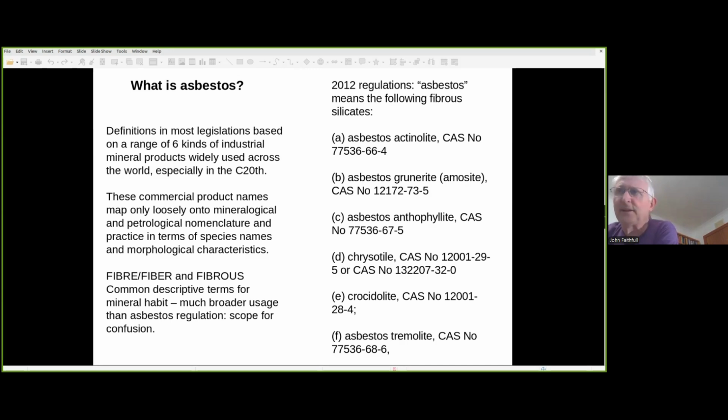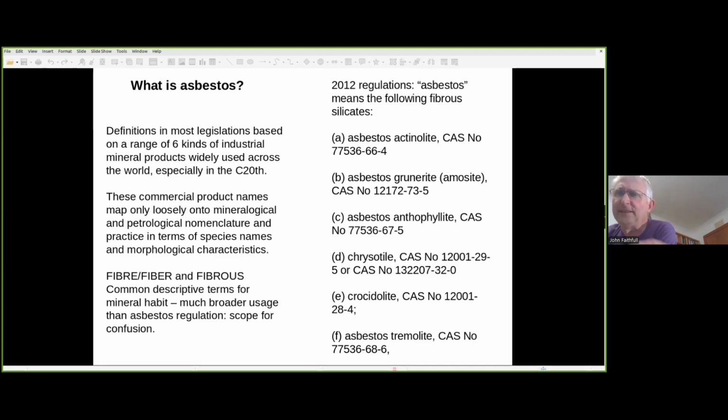But the main hazard comes where you have loosely consolidated zeolitized tuffs and ignimbrites containing large quantities of ultra-fine grained fibrous zeolite erionite. And in Turkey in particular, in Cappadocia, windborne exposure to these materials is associated with quite a lot of asbestos-type disease, even though it's erionite that's causing it.